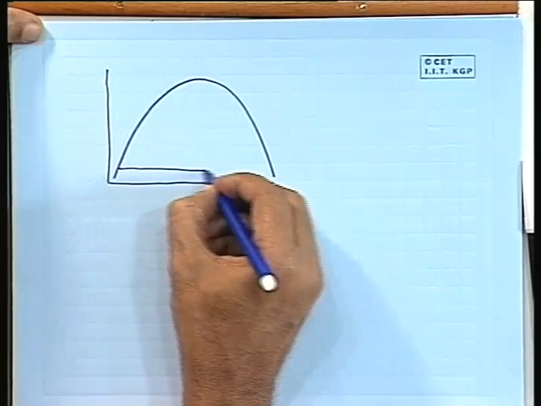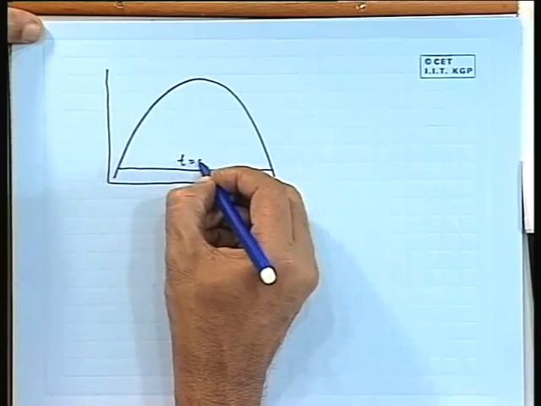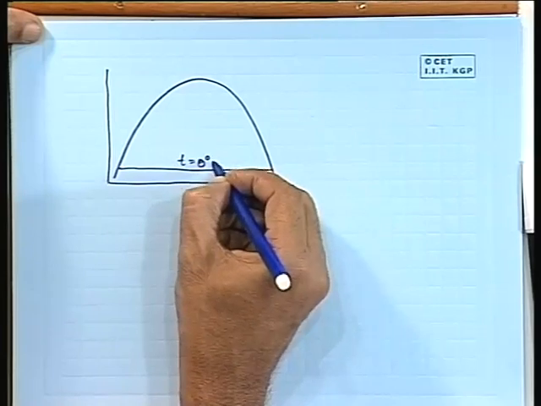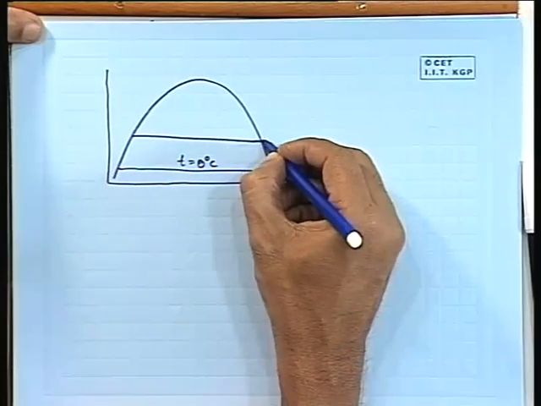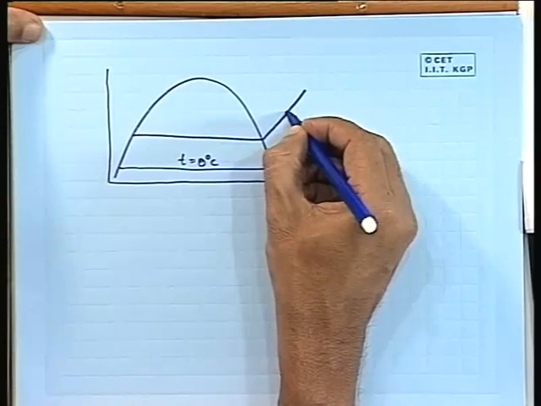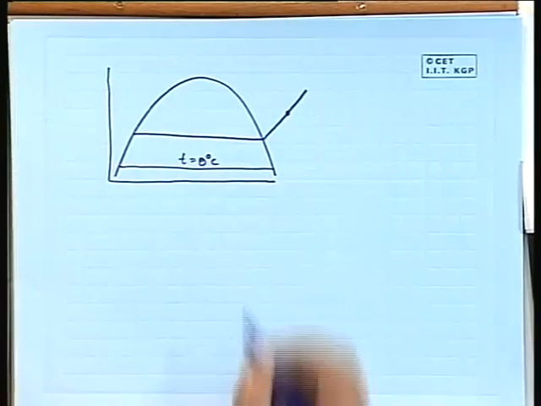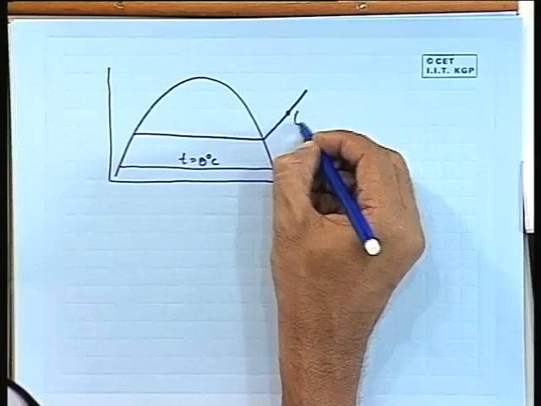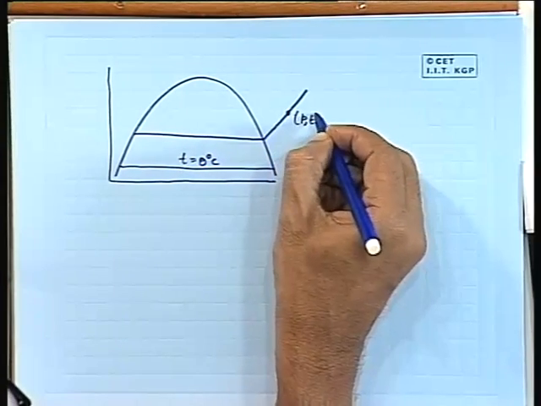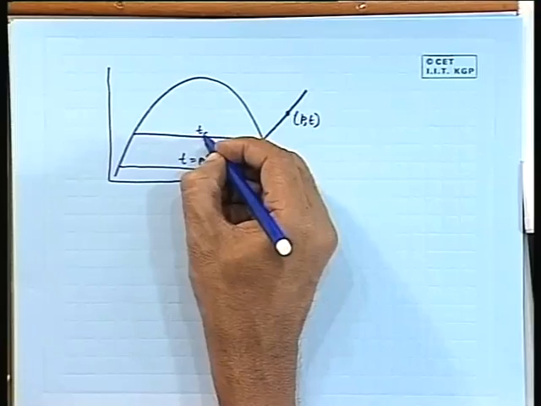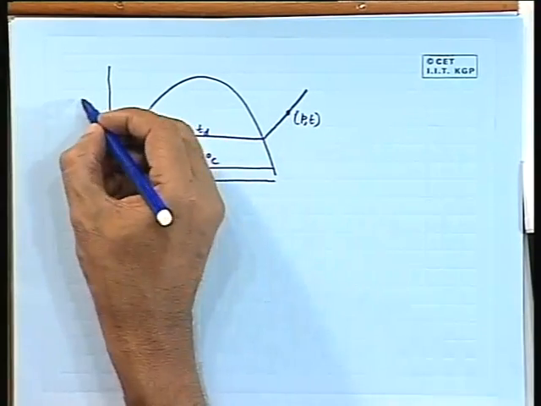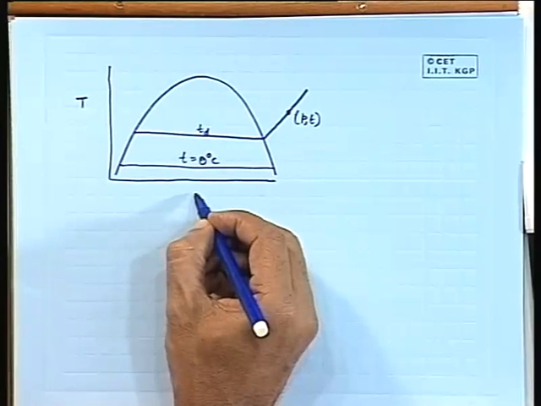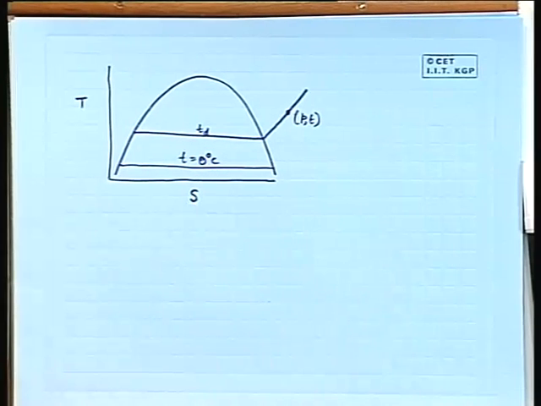So, this is T equal to 0 degree C, this is our PT, and this we have called TD. Now, you see this is temperature and entropy.